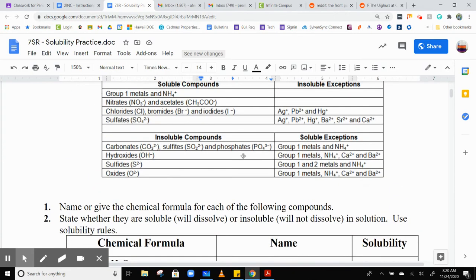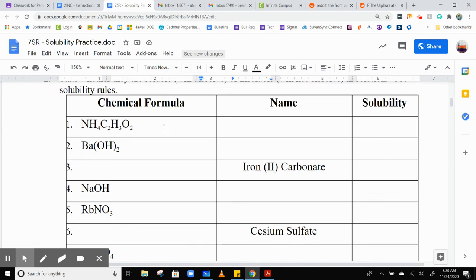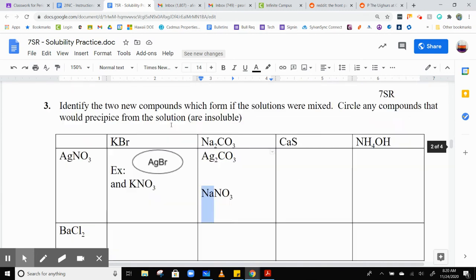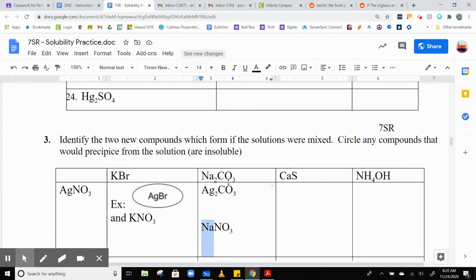There are some exceptions, group 1 metals and NH4+. Silver is not a group 1 metal, it's not NH4+, so this is insoluble. So the silver carbonate is insoluble. So we're just going to highlight it. There you go. So instead of circling, just highlight.